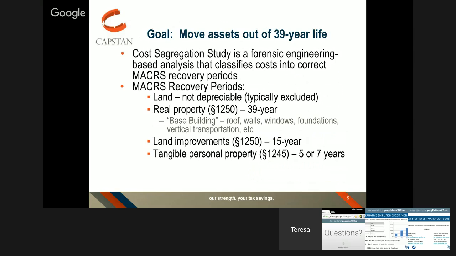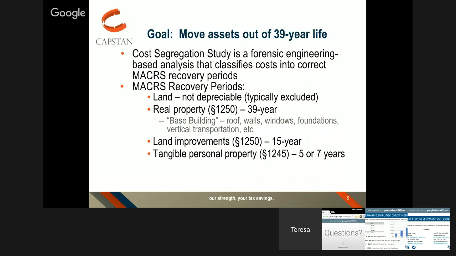You construct a building or you buy a building, and the base structure, the foundation, roof, walls, windows, vertical transportation, if it's more than a couple stories, is going to be the 39-year asset. But how you fit out that building to the special nature of your business, a lot of that ends up being 7-year assets. And if you've got parking lots and outside land improvements, we can move that into 15 years.